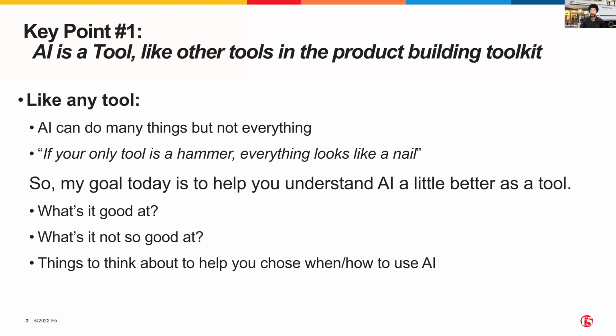The advent of these large language models does not replace or supersede those other things. Those are still very good and have a role to play. In fact, for many things in F5's business, some of those other tools are a better fit than generative. Generative is good for some things, but not everything.